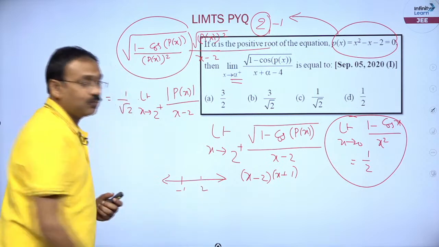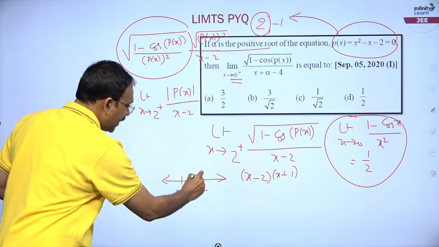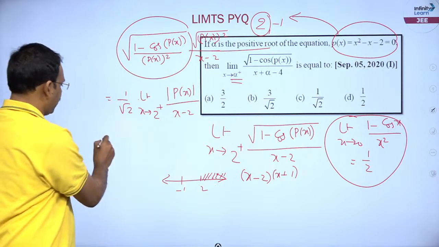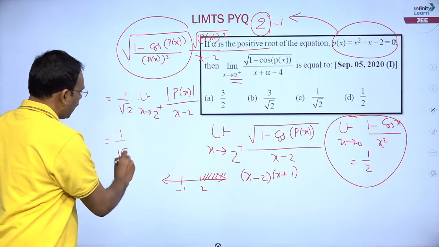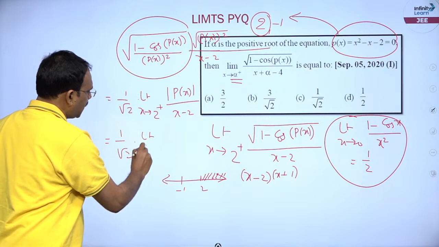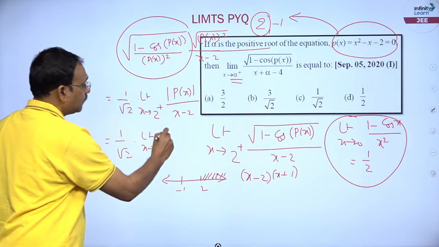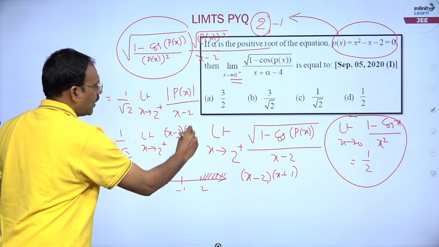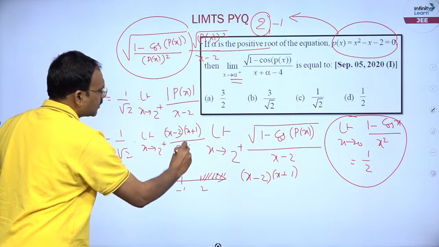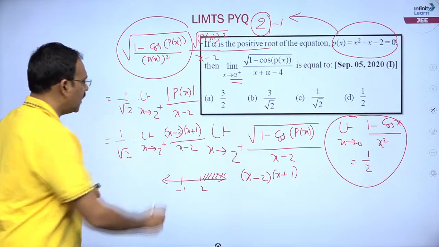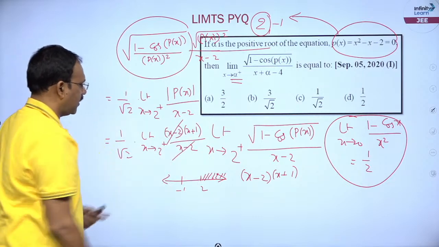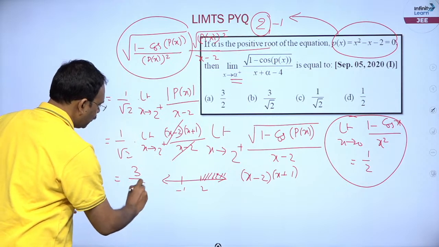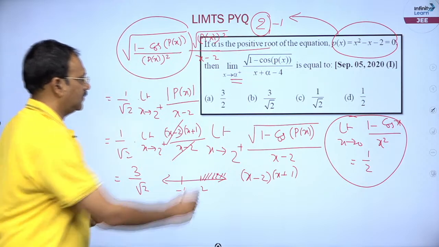When x is 2 plus, the expression is positive, and hence this becomes 1 by root 2 into limit x tends to 2 plus x minus 2 into x plus 1 by x minus 2. Now you can happily cancel x minus 2. 2 plus 1 is 3, so 3 by root 2 is going to be the answer.